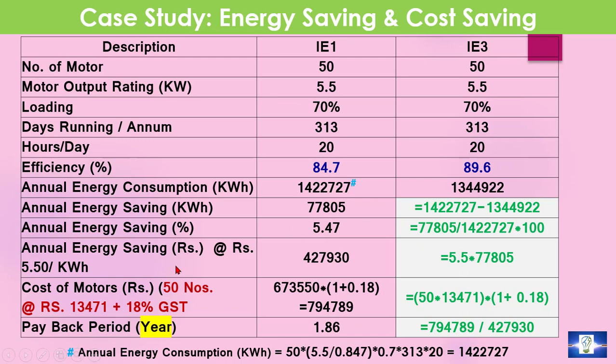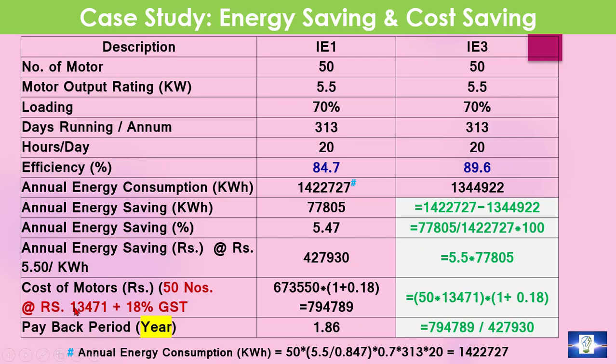Considering rupees 5.50 per kilowatt hour, the annual energy saving in money is 4,27,930 rupees. That means yearly we can save 4,27,930 rupees if we replace the IE1 motors with IE3 motors.